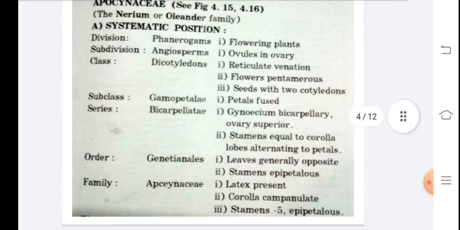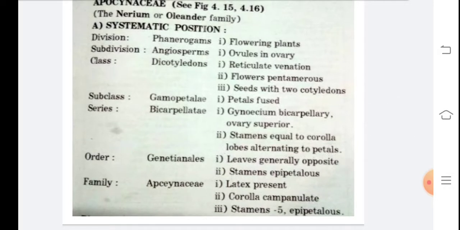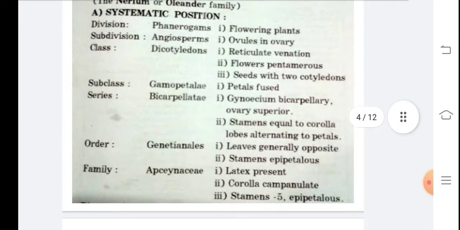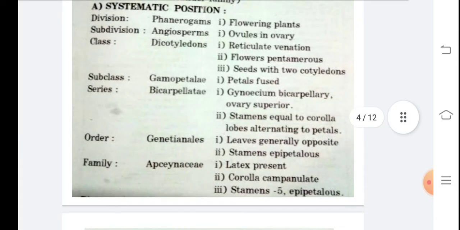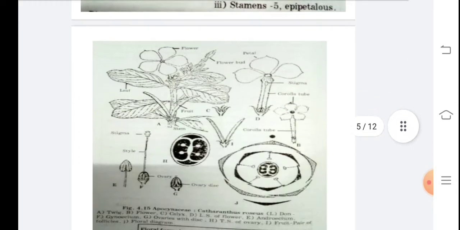Under Gamopetalae, bicarpellary, gynoecium bicarpellary, stamens equal to corolla lobes, then order Gentianales, leaves opposite, and stamens epipetalous, and family Apocynaceae. Latex is present, corolla campanulate, and stamens 5. Latex condition is shown. So this is for the systematic position.